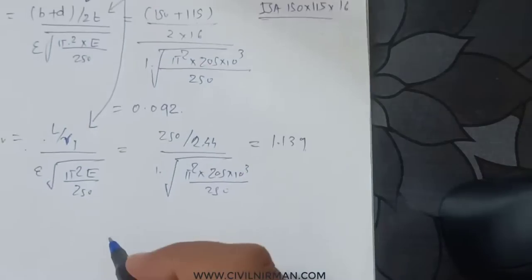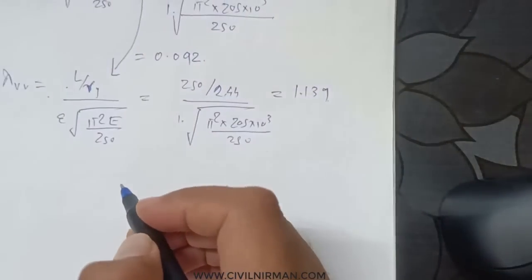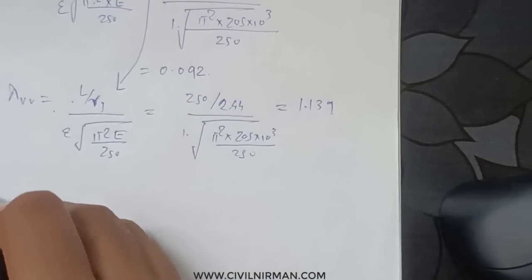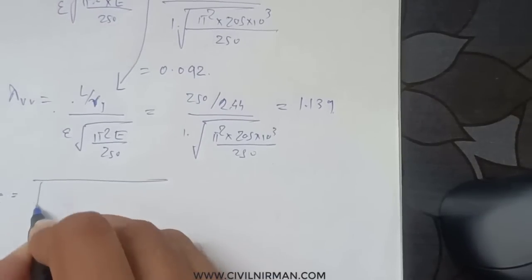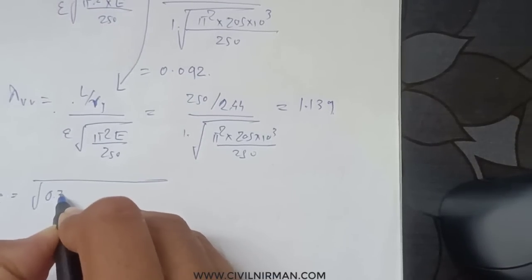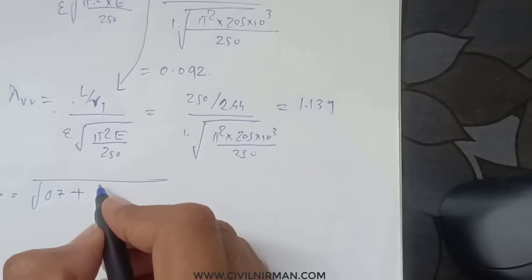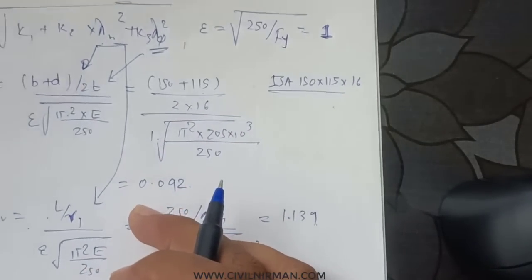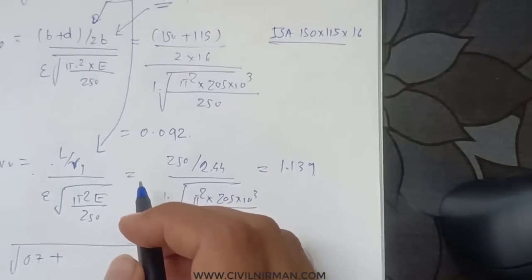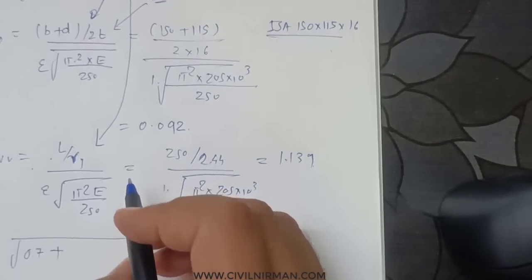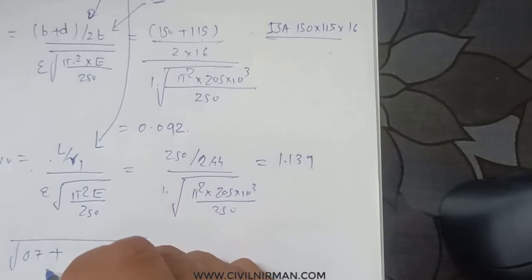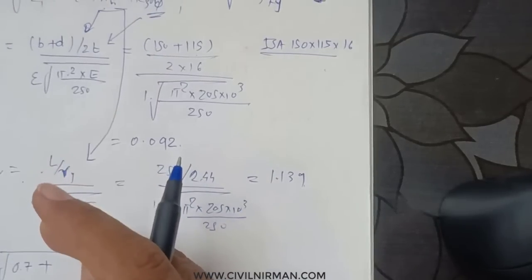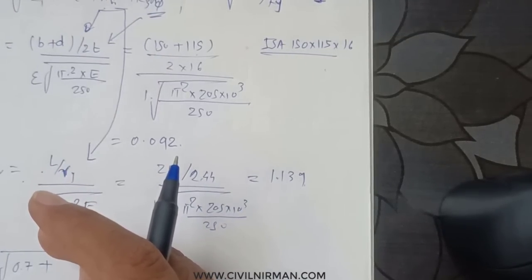Now the final calculation, lambda E underscore 0.7. We are putting all these values here, in this equation. So K1 we have got from Table 12. K1 is 0.7. The two bolts we have assumed, and the connection has a minimum of 2 bolts, loaded through a single leg.